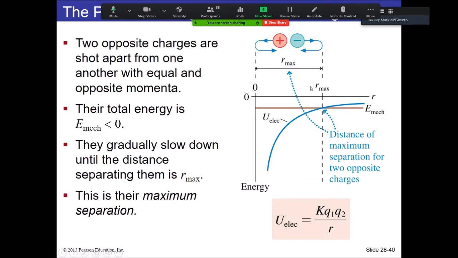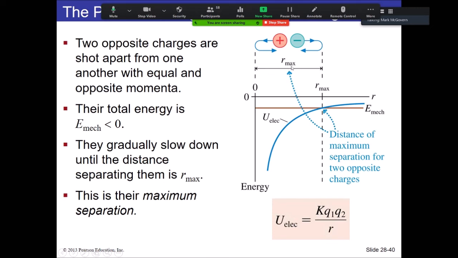Now, what if you have opposite charges? Well, it gets a little tricky, to be honest. If you have a charge that's negative, that means the potential energy term is negative. So what that means is you have the opposite situation, where you have a maximum distance that they can be because they're attracted to each other.